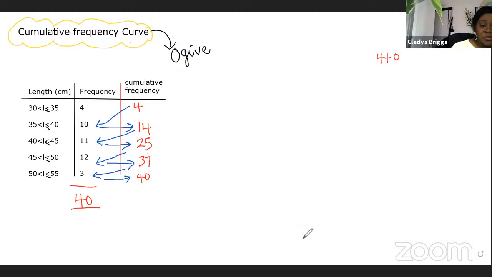To plot the graph, you need to draw your X and your Y axis, and this time you're plotting the upper limits. You're plotting the upper limit against the cumulative frequency.